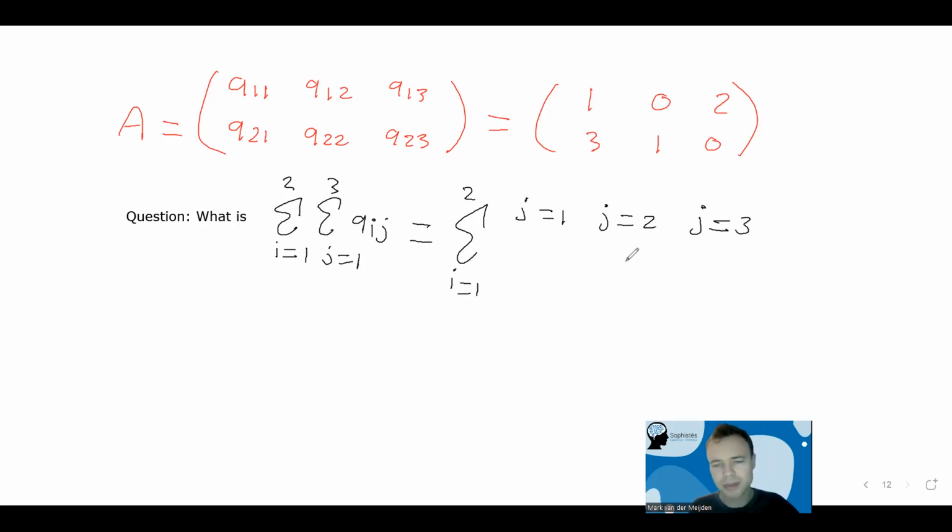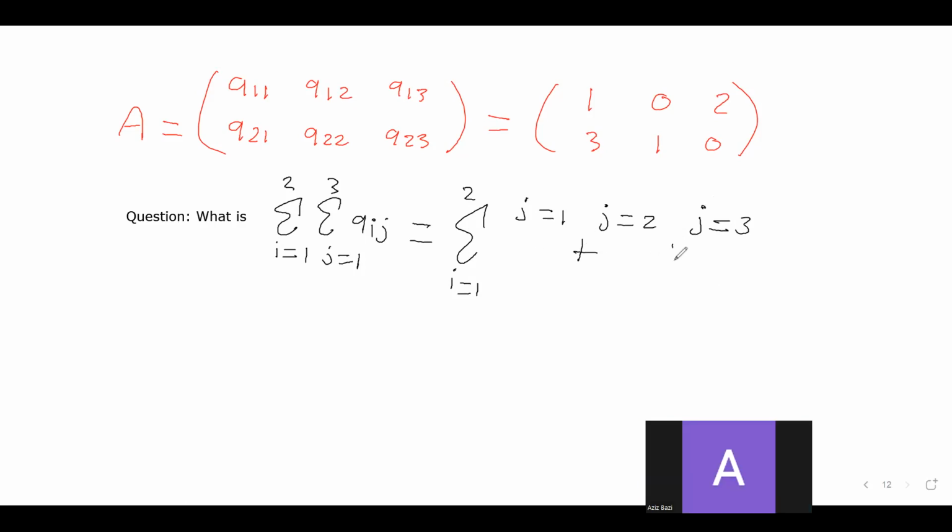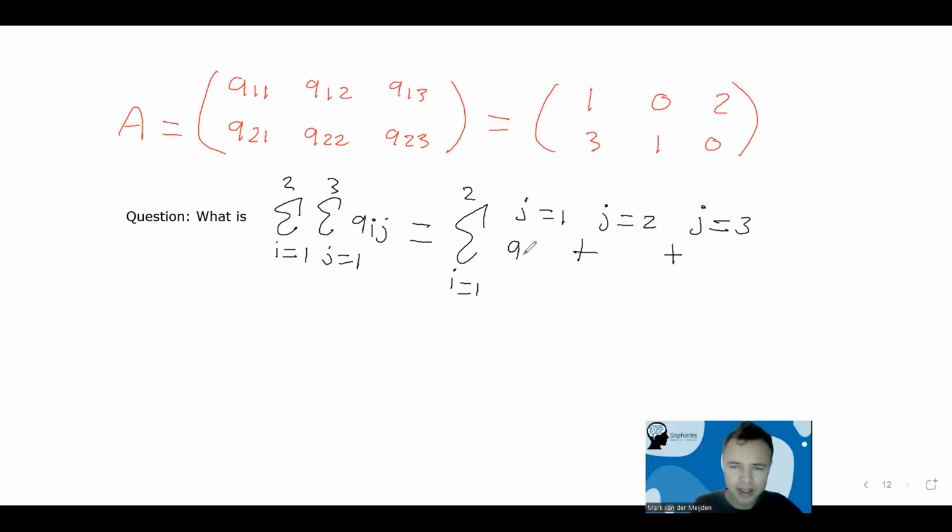What kind of sign do we put in between? Plus. Plus. So here I get AI1, AI2, AI3. And now I will solve the left summation.